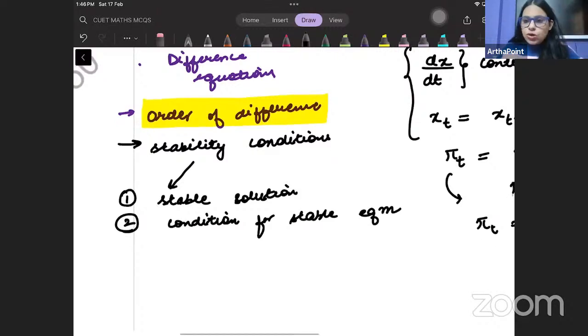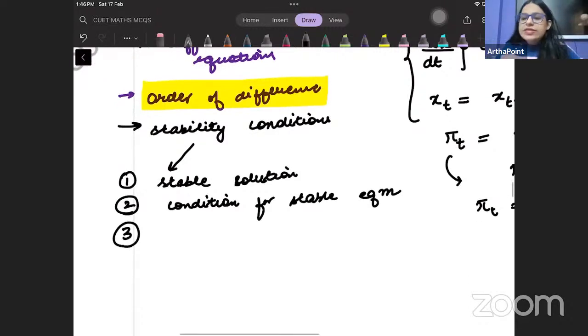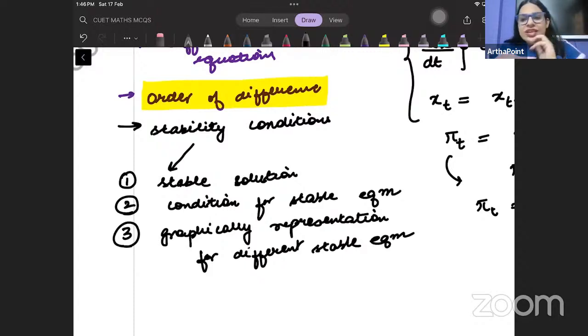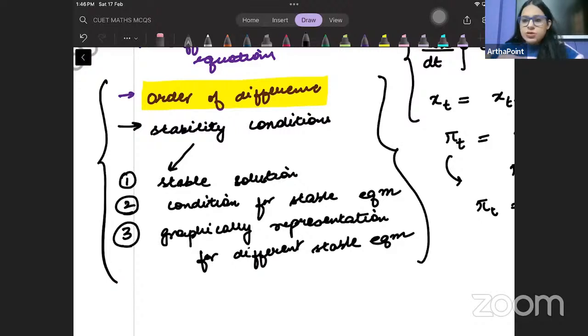And at last, they can ask you the graphical representation for different stable equilibriums. Right, beta? तो ये तीनों ही चीजें they are important from the point of view of difference equation. ये पूरा चीज is only that can be asked from difference equation.